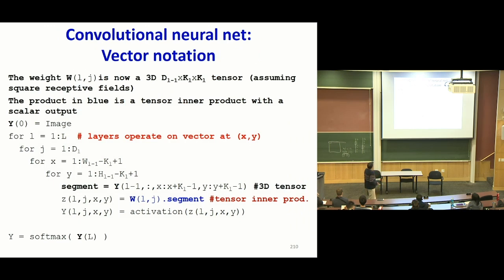So if I did this in vector notation, I'd be going through each of the layers. Each layer is going to have a certain number of neurons, right? And for each layer, I'm going to be scanning the entire input.